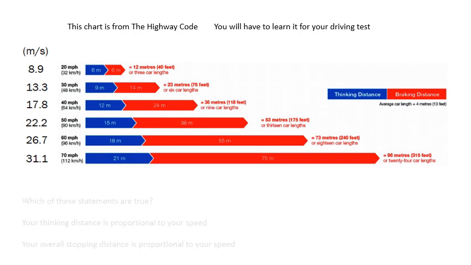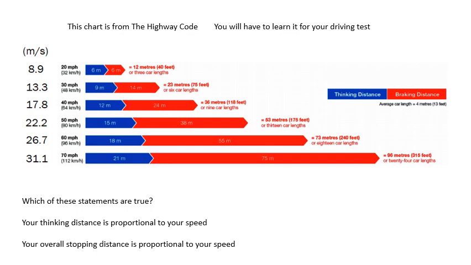Which of these statements are true? Your thinking distance is proportional to your speed. In other words, if you double your speed, does your thinking distance double? And the answer is yes, because speed is distance over time.